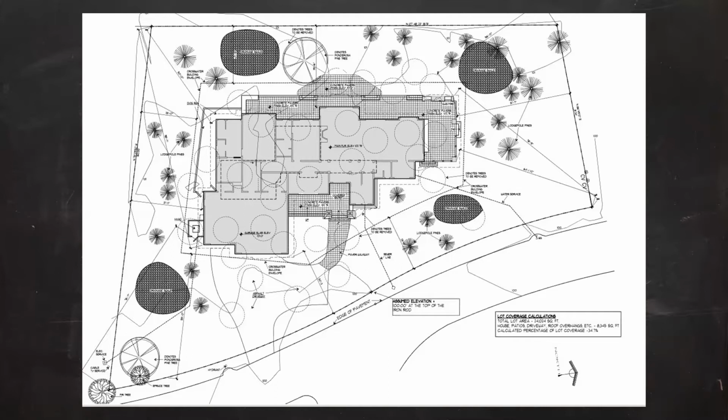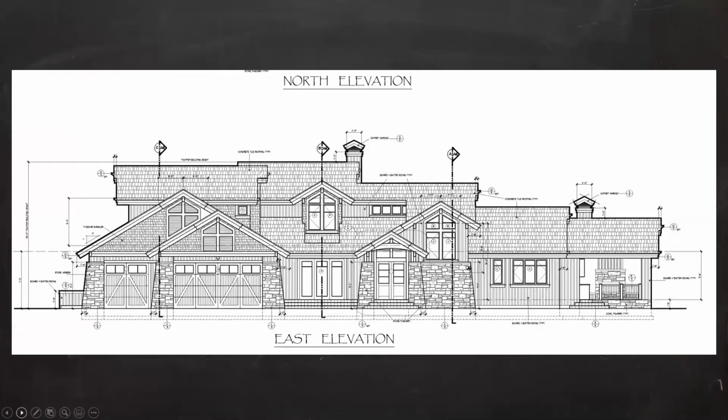Looking at that, someone who is a teacher, or runs an accounting firm, or anything like that, might look at this and it's going to be like a different language to them. Like, how do I possibly understand or read this? Another example here is an elevation of a new home construction. And again, it's filled with all kinds of architectural details that someone may or may not be able to understand or comprehend.